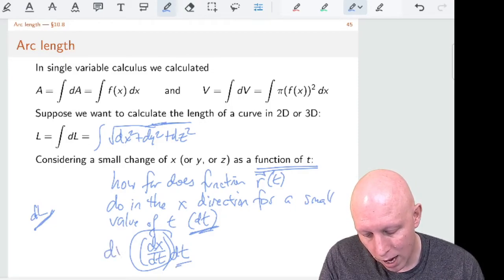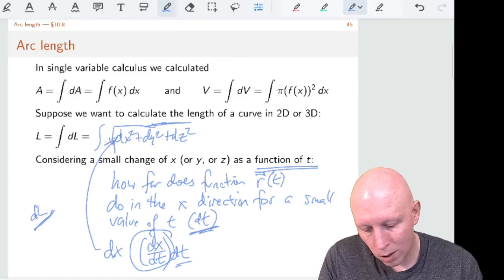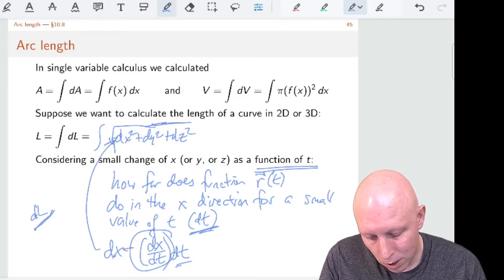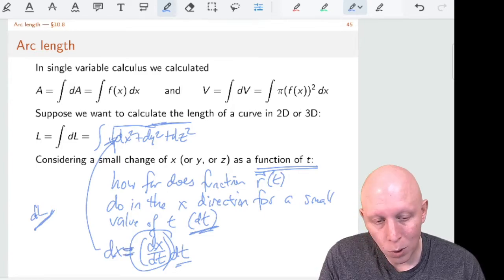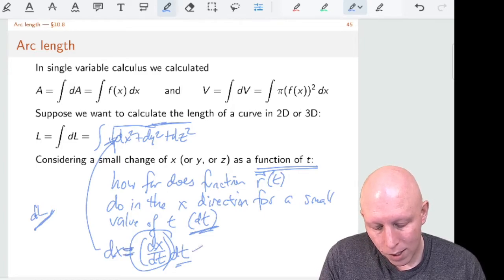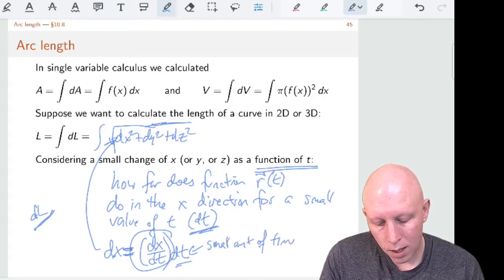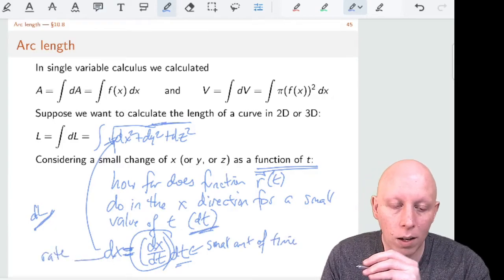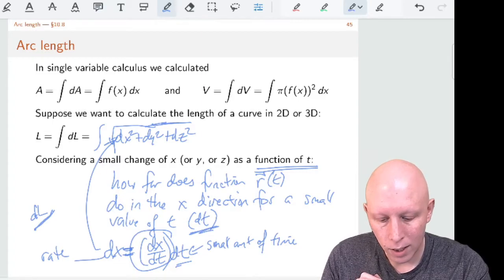So this dx that we wrote up here as how far we're traveling in the x direction is actually best represented as a product of this small amount of time, dt, and this dx dt, which is the rate of traveling in the x direction.